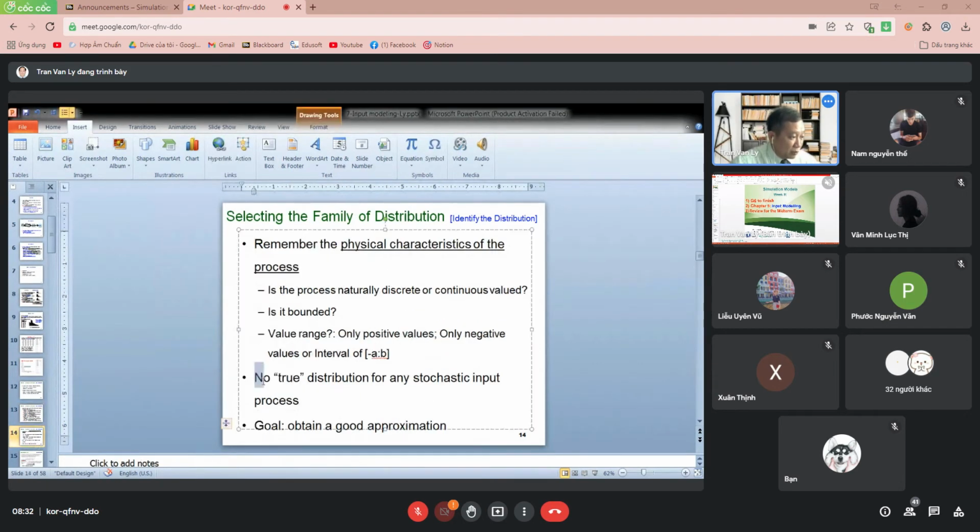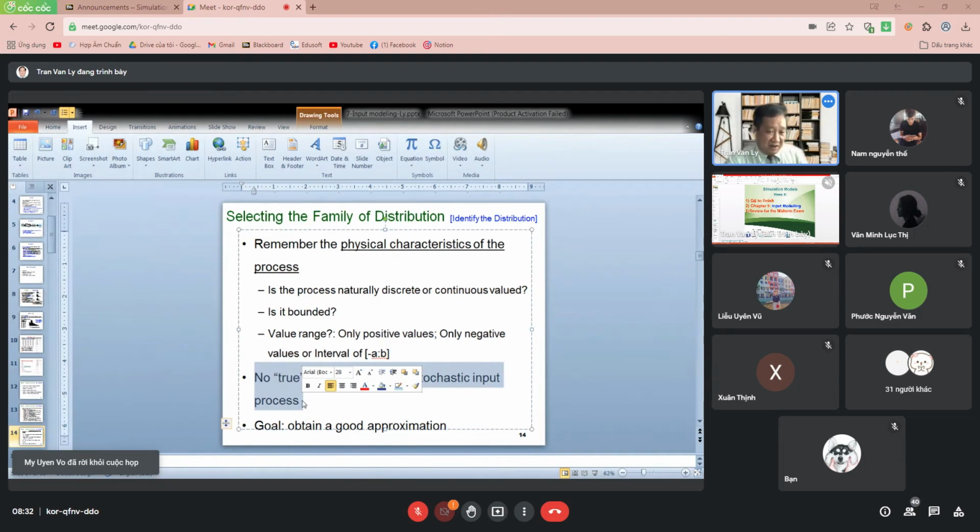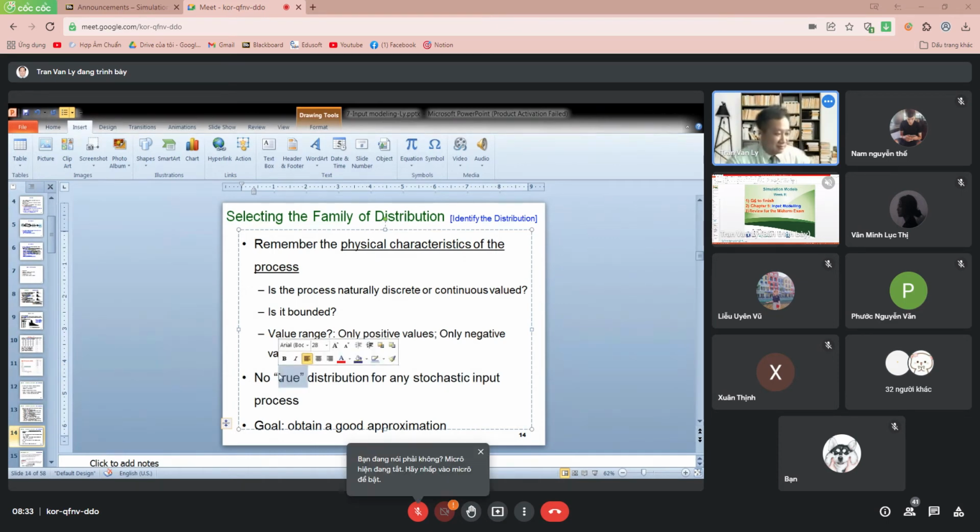Now, because in reality, especially for stochastic input processes, they conclude there is no single distribution for any of them. So you approximate.